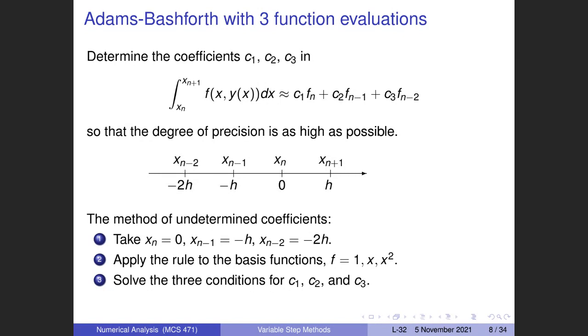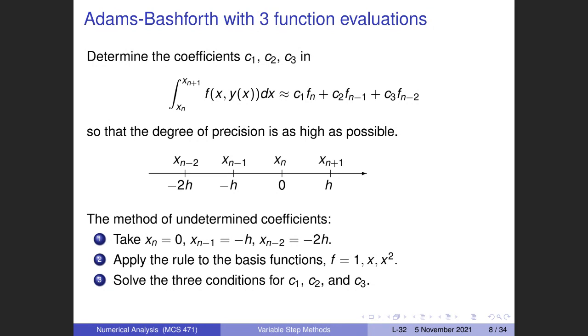Well, we already know how to do this. We can apply the method of undetermined coefficients by requiring that if we apply this integration rule, all the basis functions are integrated correctly. So this is what we called the method of undetermined coefficients.